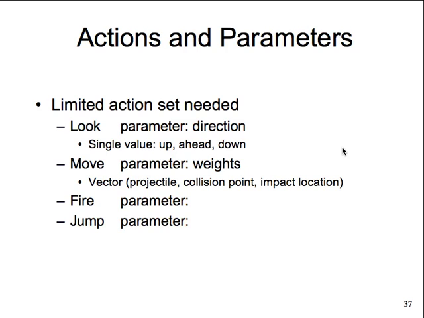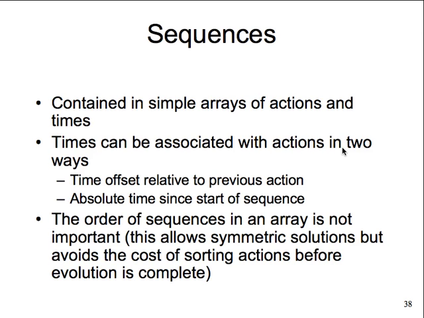There are ones that do problem solving for the traveling salesperson, and genetic algorithm examples that do game playing, role playing, stuff like that. Actions and parameters: they have limited actions, such as looking in a direction and moving. We have weights moving left to right, fire, jump, and different environmental stimuli that give us sequences.